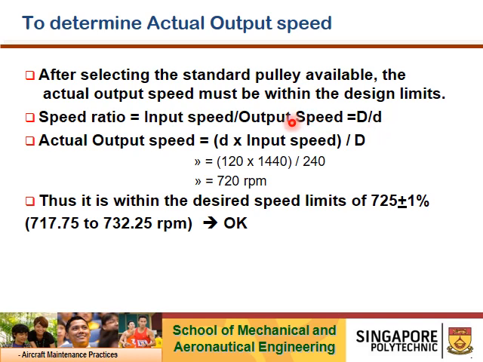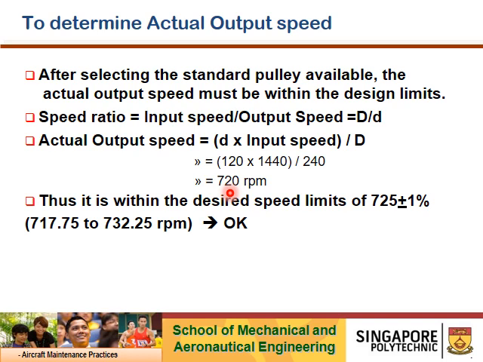So I need to find my output speed based on the selected pitch diameter. Actual output speed is equal to small d times input speed divided by big diameter pulley. So 120, the one I selected, multiplied by 1440 divided by 240. In this case, my output speed is 720.